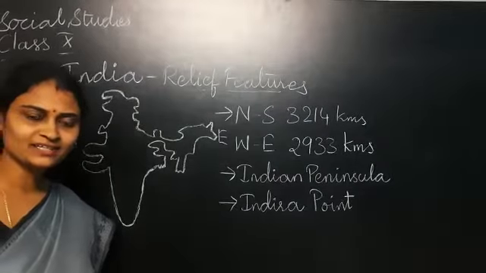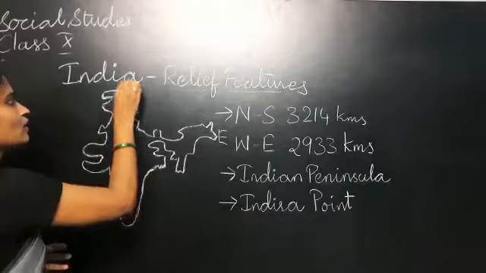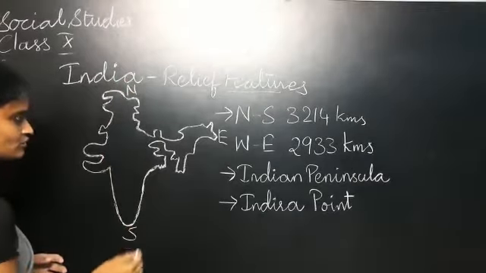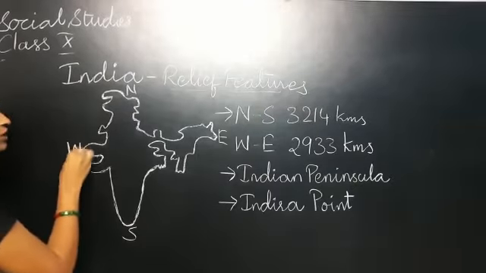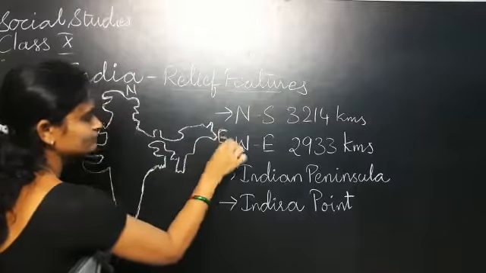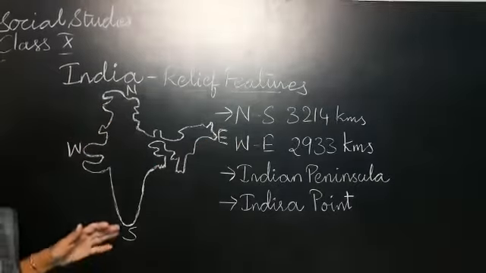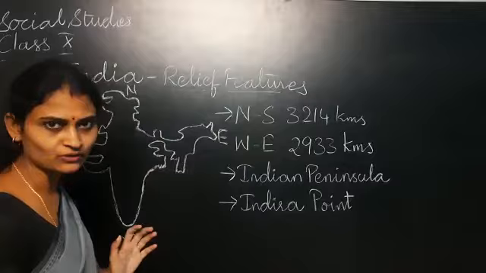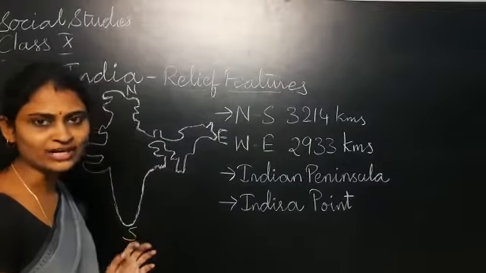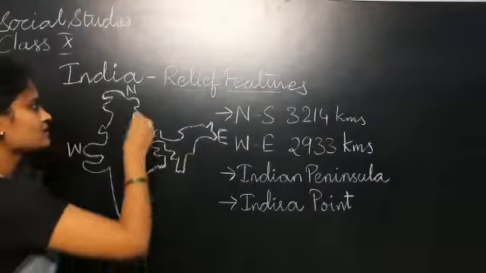Now let us see the distance from north to south and west to east. Children, the distance from north to south is 3,214 kilometers.